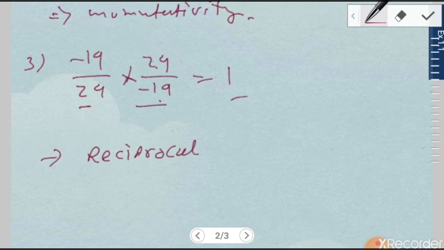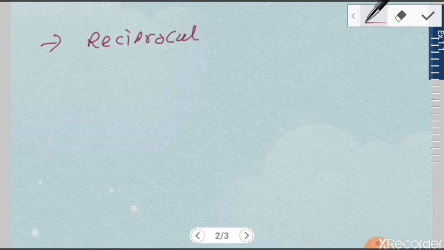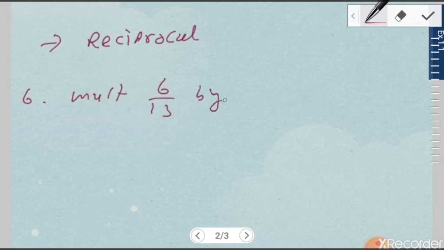Now question 6, multiply 6 upon 13 by the reciprocal of minus 7 upon 16.